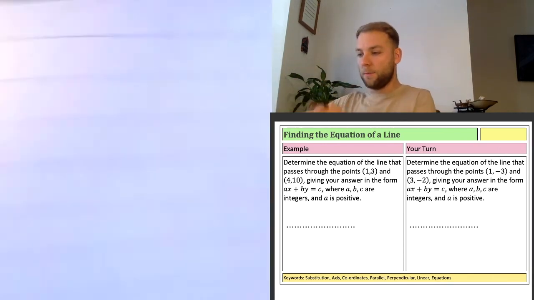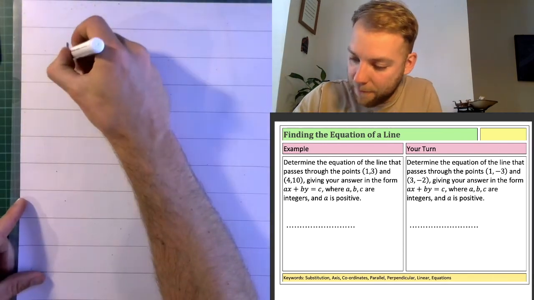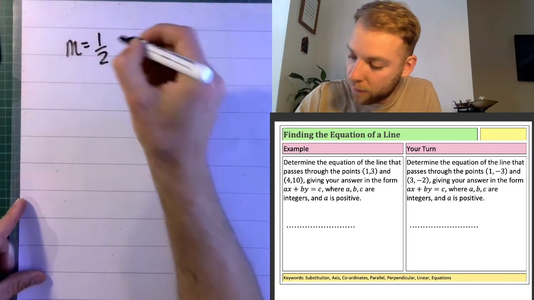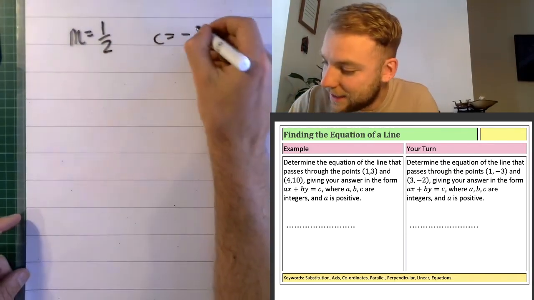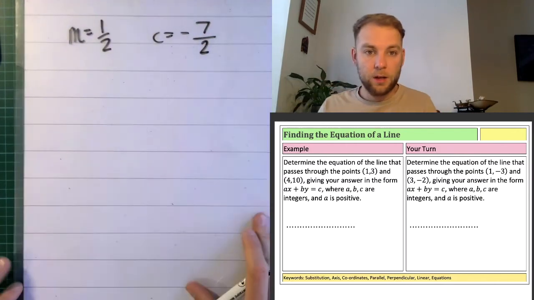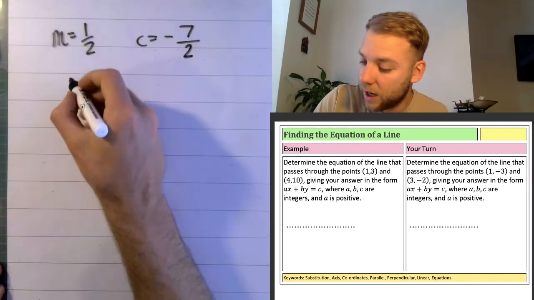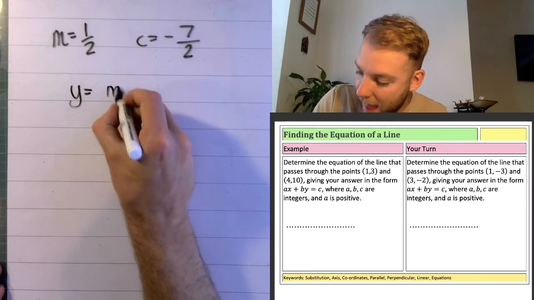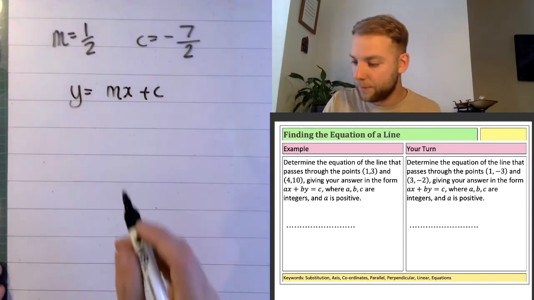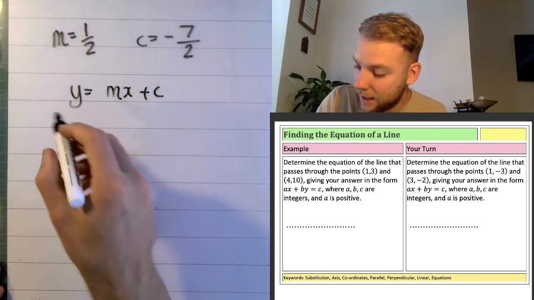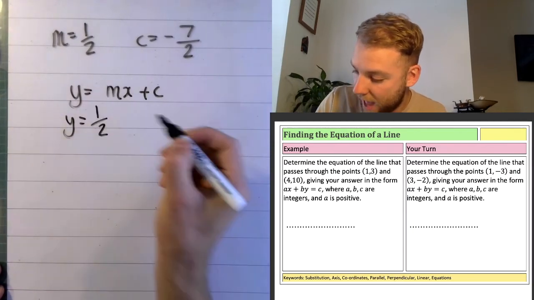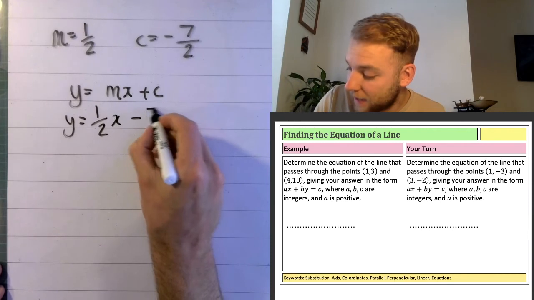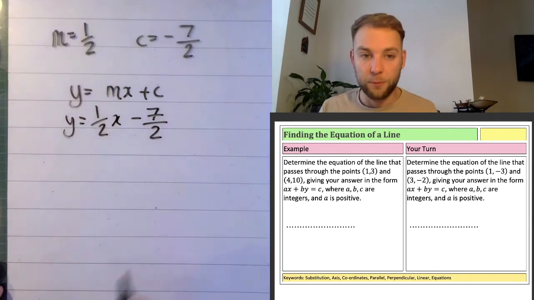So our gradient m is equal to a half, and c is equal to -7 over 2. So we know that we're subbing into the equation of a line, which is y equals mx plus c. So y is equal to a half of x, subtract 7 over 2, like so.